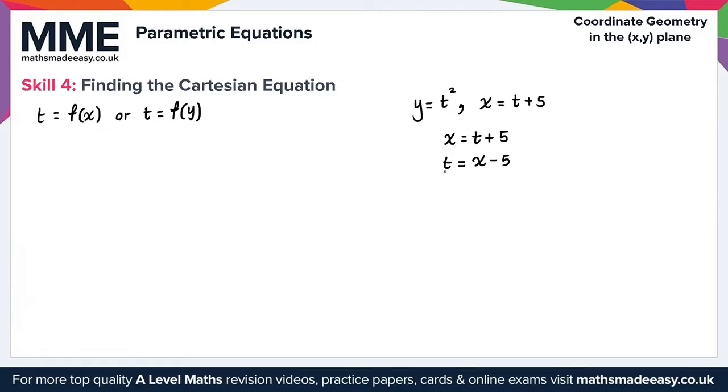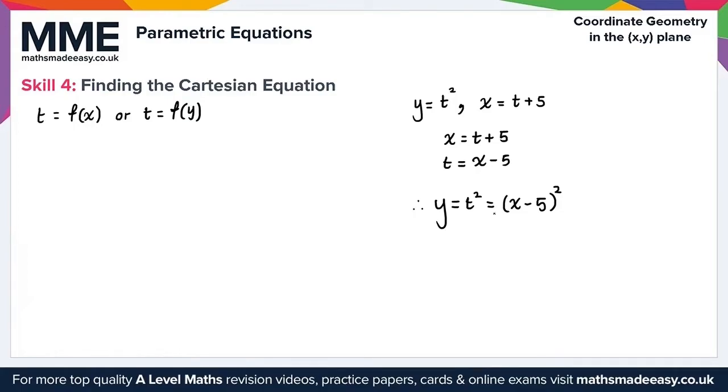Okay, so rearranging this to be t equals. Therefore, we know y is equal to t squared, so we just substitute in t here. What we can see then is y is equal to t squared, which is equal to x minus 5 squared. And in that case then, we just expand this. That would be what we need there. Or we could just leave it in this form here. That would be absolutely fine as well.